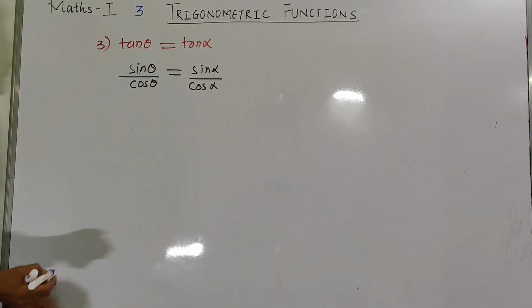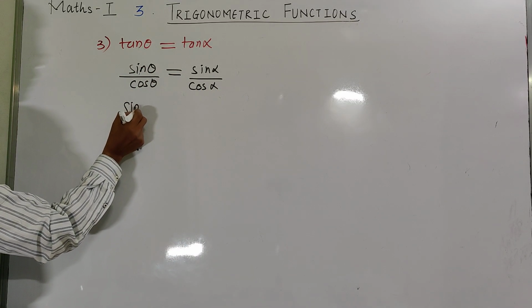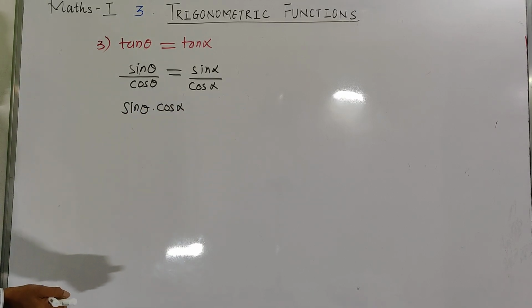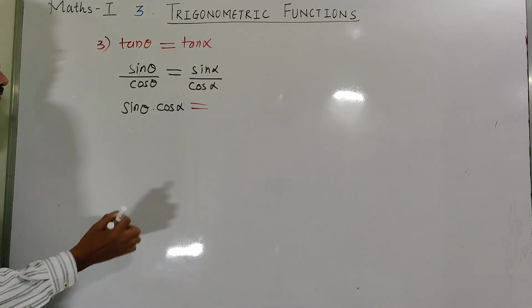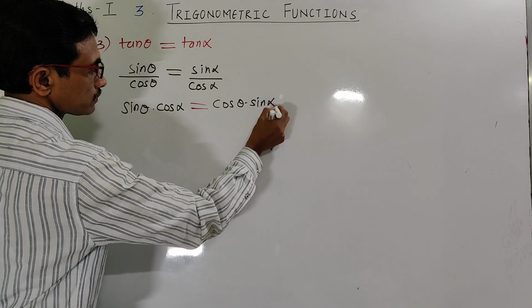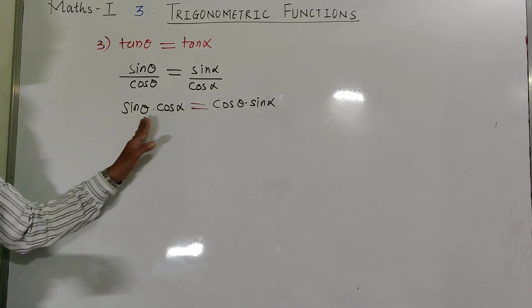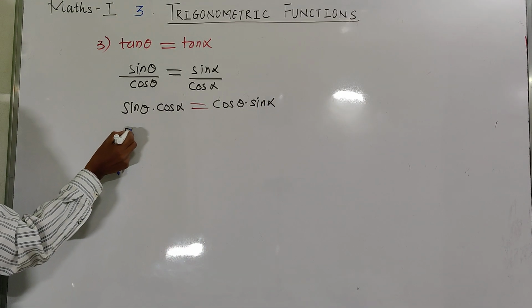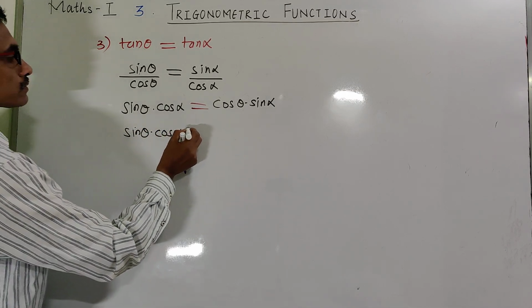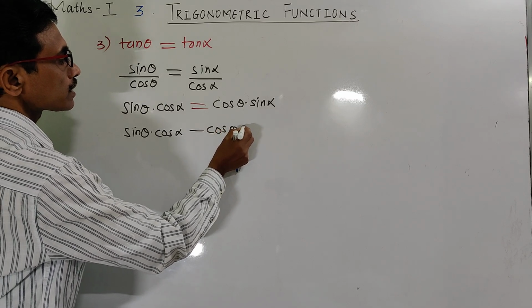Take cross multiplication, that gives us sin theta cos alpha is equal to cos theta sin alpha. Taking this to the left hand side, sin theta cos alpha minus cos theta sin alpha.